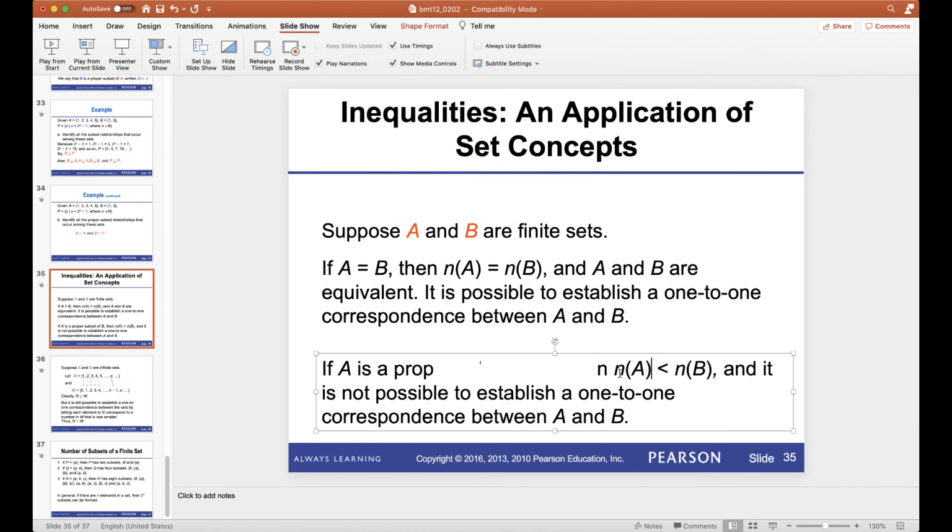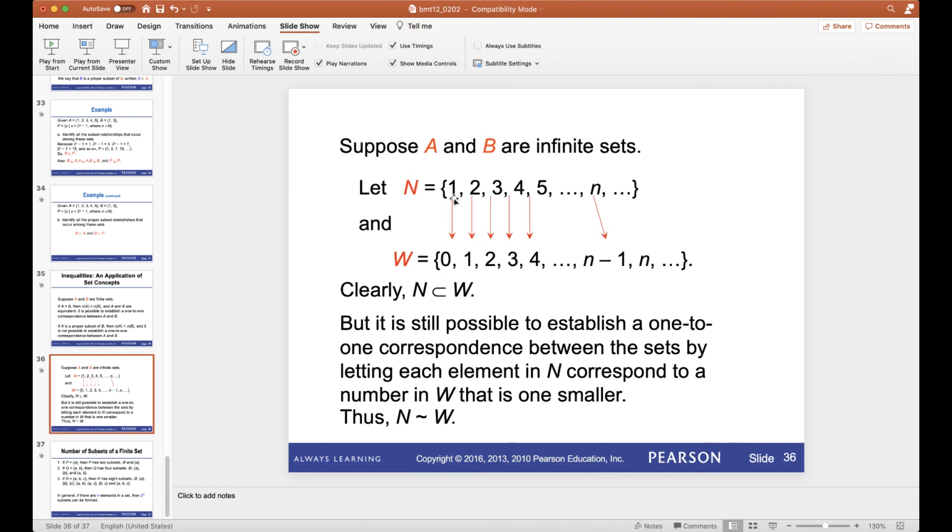Then the cardinality of A is going to be less than the cardinality of B. There's going to be more elements in B than there are in A. And it is not possible to establish a one-to-one correspondence, because B is going to have more elements, and there's not going to be a way to do it. You might be able to match some, and then there's going to be extra elements on one of them. That's why it is a proper subset.